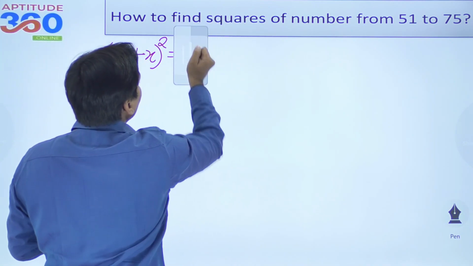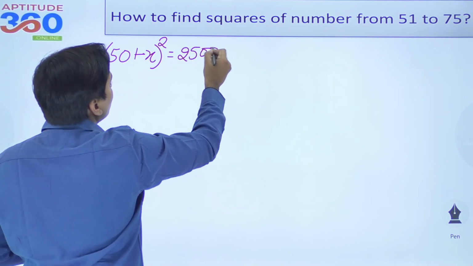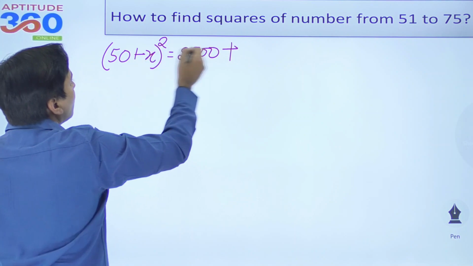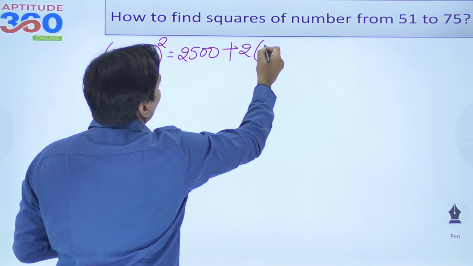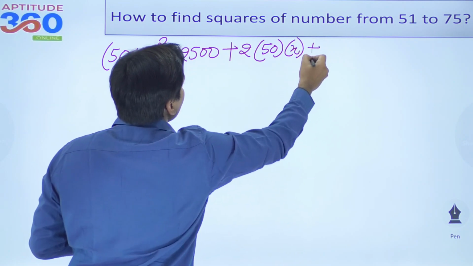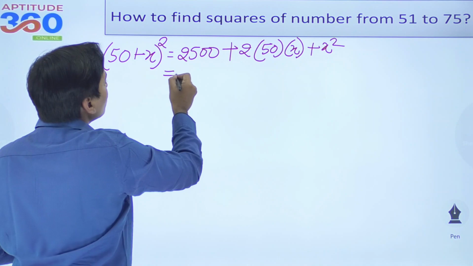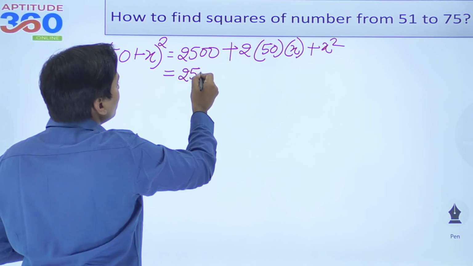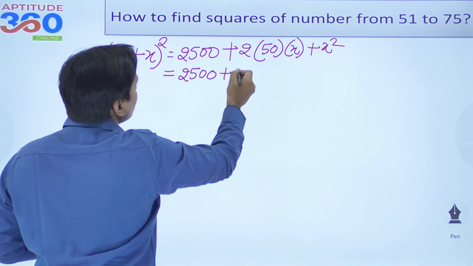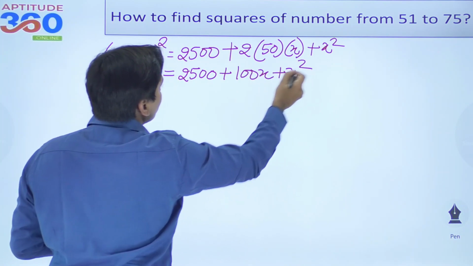This is going to be 50 square is 2500 plus 2 into 50 into x plus x square. Now this is 2500 plus 100x plus x square.